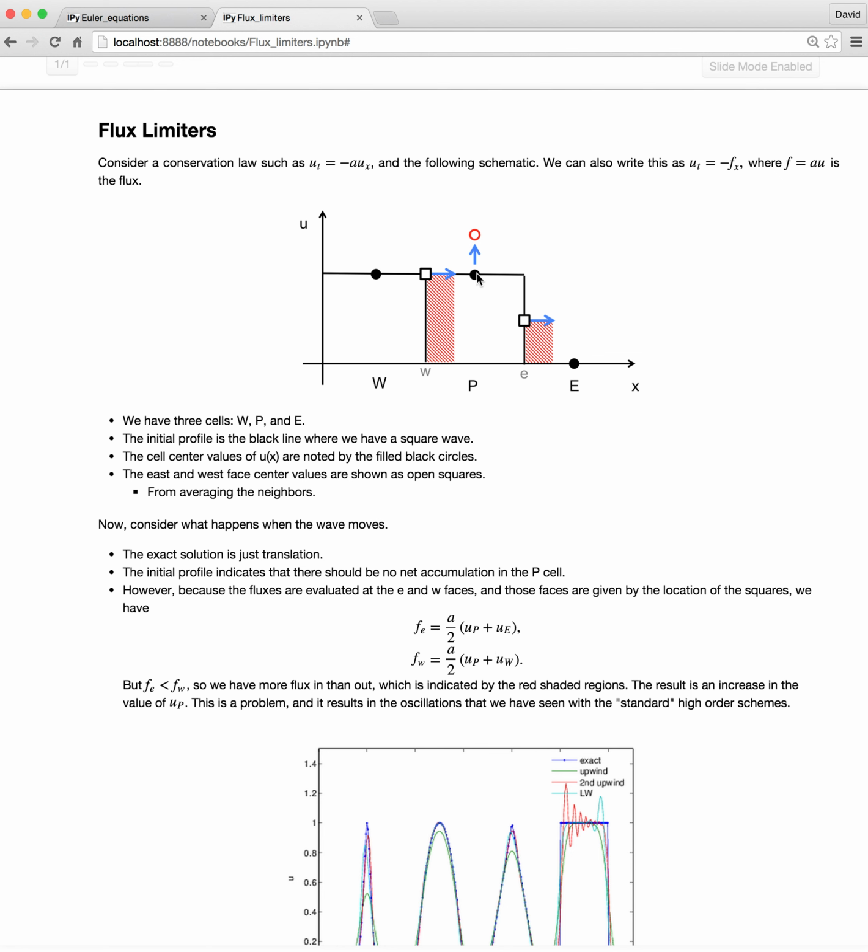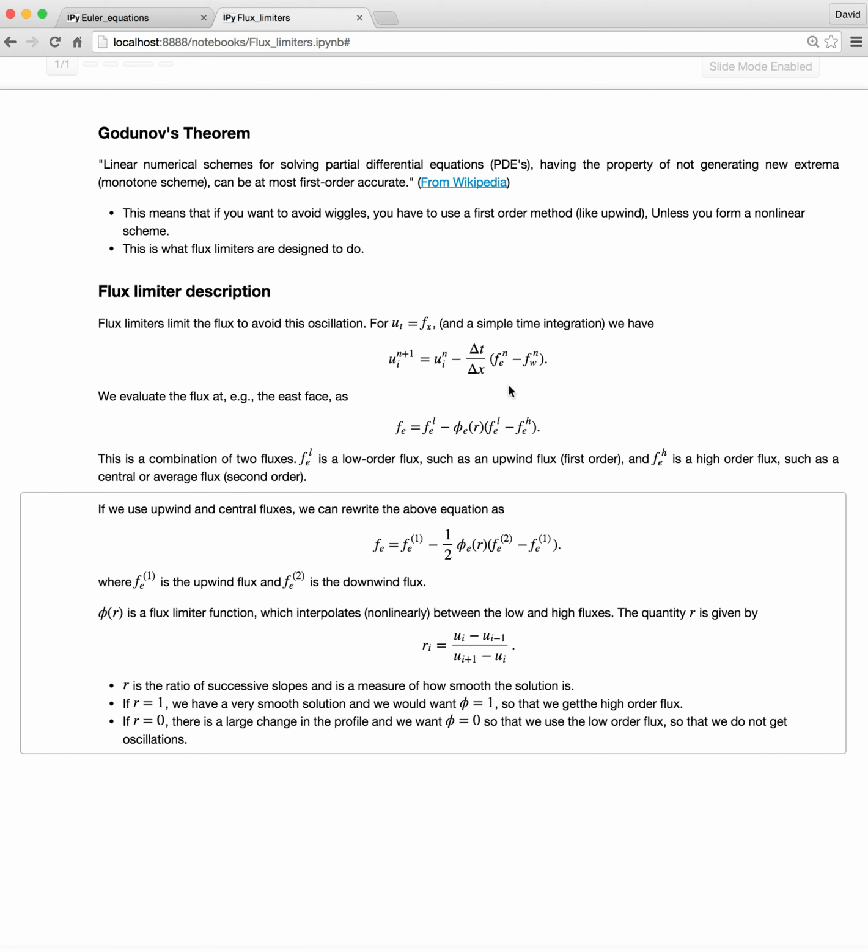So here r would be like the ratio of this difference divided by this difference, or this difference divided by this difference. And when there's no difference, it's smooth, and you can use a high order method. When there's a big difference, you want to use the lower order method. So we just evaluate this ratio of successive slopes.